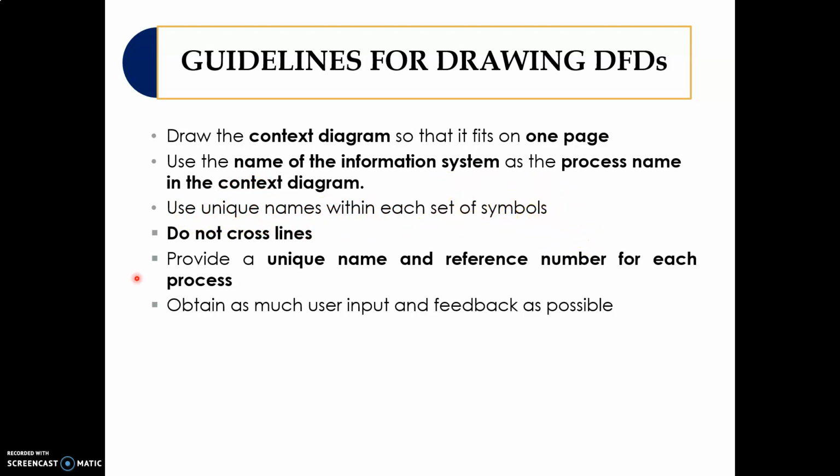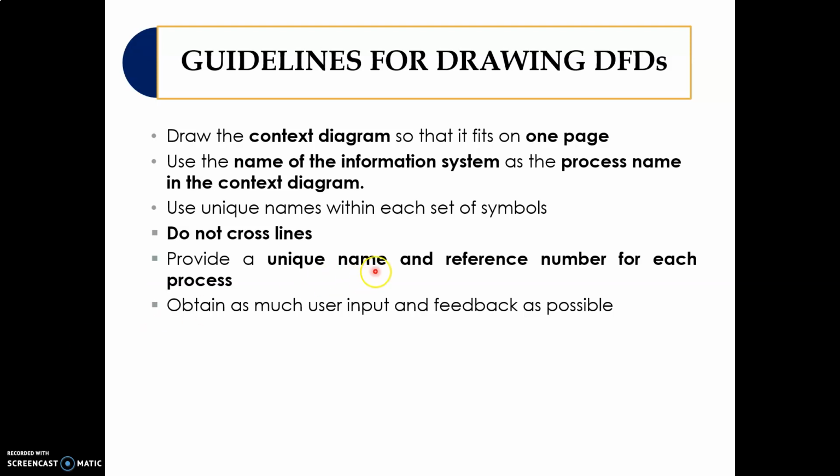Meaning that, for example, the process name is grading system. So notice that the process name is the same as the system name. This is because the context diagram shows the entire information system as if it were a single process.